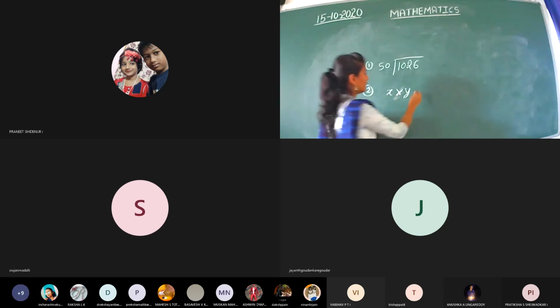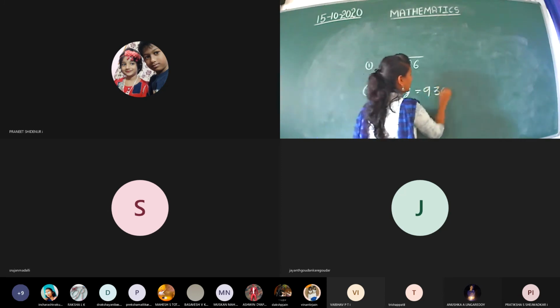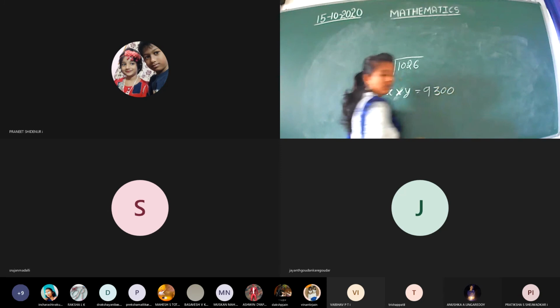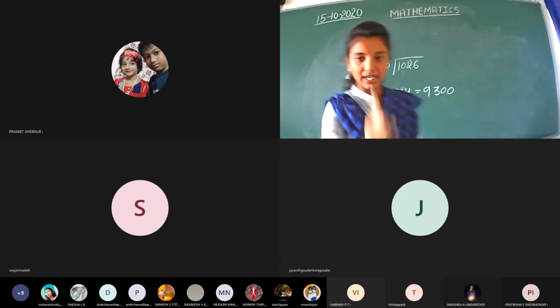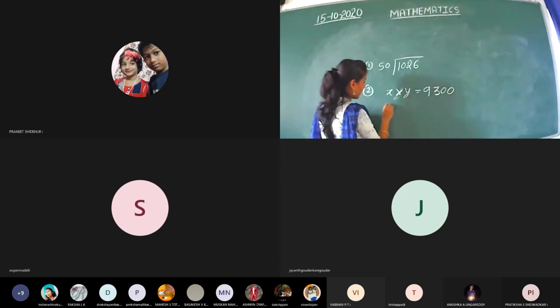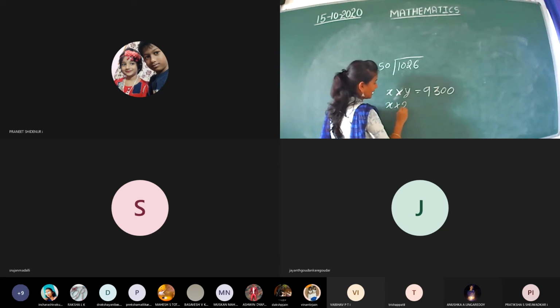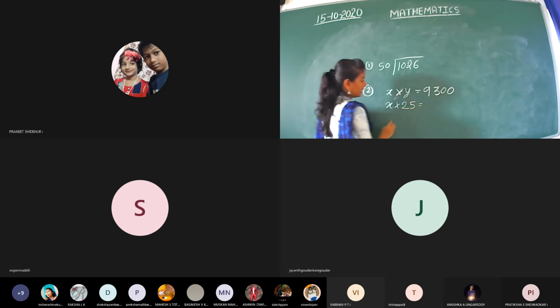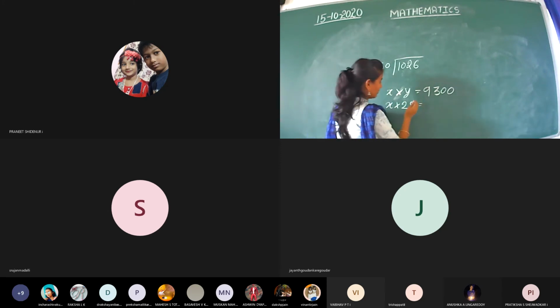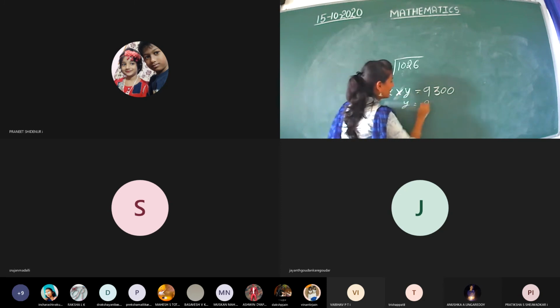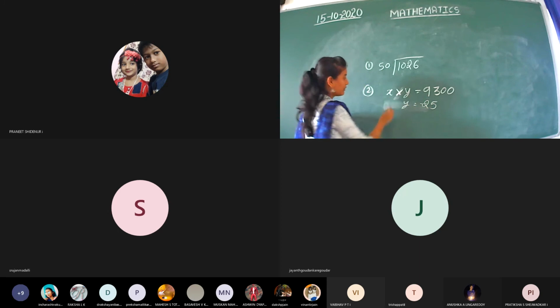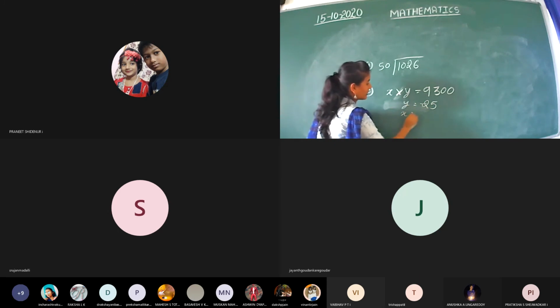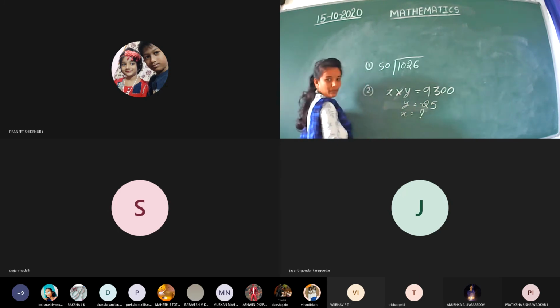If one number is 25, they have given one number, say y equals 25. Then we want to find out the x value here, the other number.